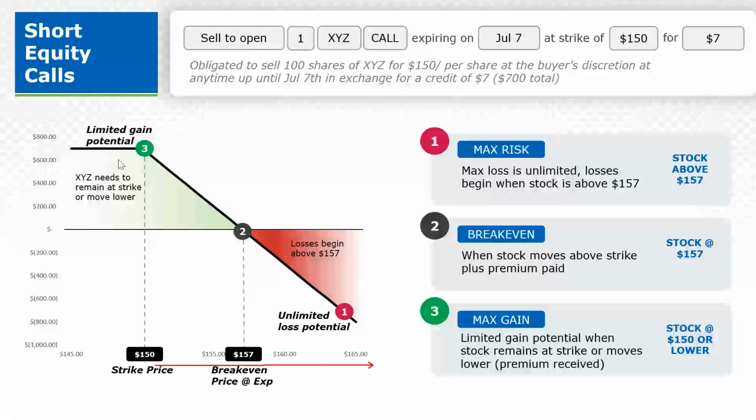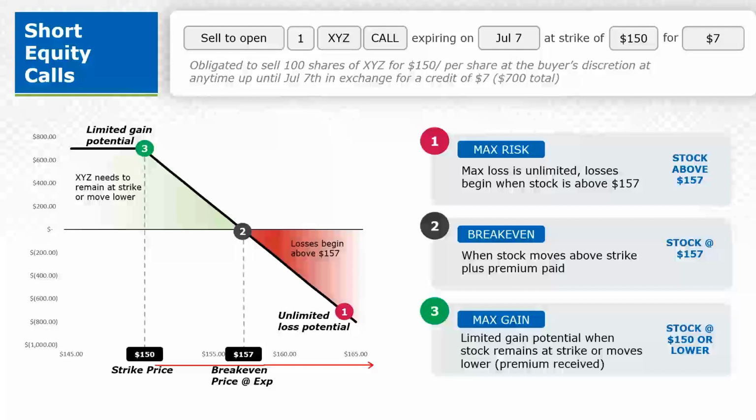As long as the option expires with the underlying below 150, you will receive the max gain for the strategy. And that is simply reflected by the premium that you receive. So no matter what happens to the stock, no matter how low it moves, you will not receive more than $7 a share as your max reward.